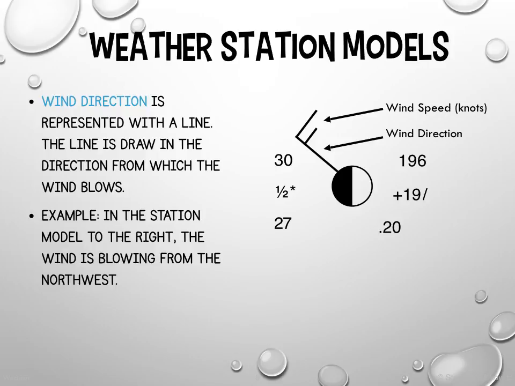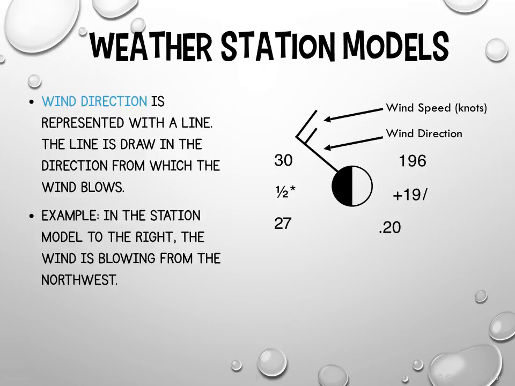It may be helpful for you to draw that compass rose on your notes. Your compass rose would have your north and your south, your east, and your west. And you can make sure you draw those sublines so you would know northwest, northeast, southeast, and southwest.